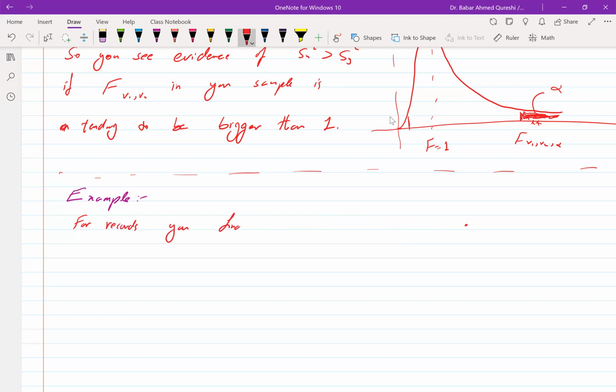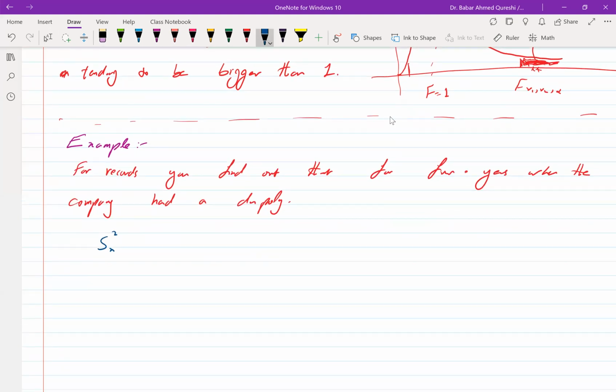You find out that for 4 years, when the company had a duopoly, they had very little competition, their sales variance of the price of, let's say, the trademark product, the variance was 114 in some units, dollars or millions of dollars, whatever.